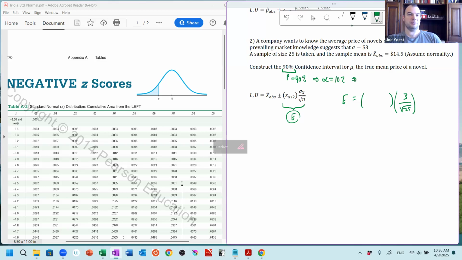And I want to split that error between the two tails. So alpha over 2 is 5% error per tail. So I have a right tail area of 5% and a left tail area of 5%, and then a middle area of 90%. So Z alpha over 2 is the Z index.